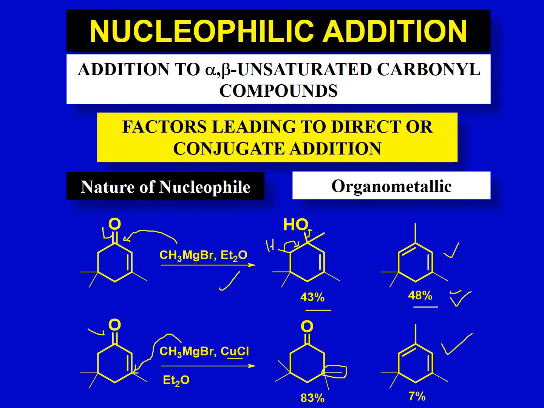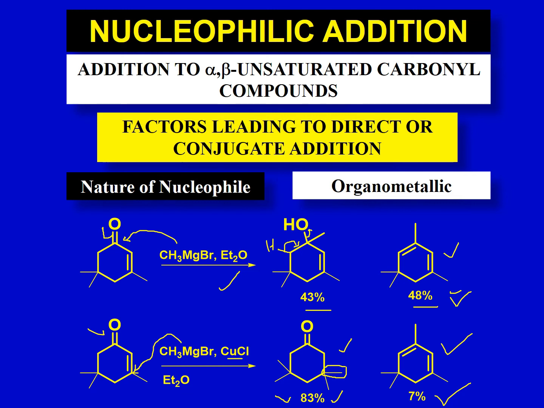But if you look at the percentage, this conjugate addition product is formed in 83% and this is only 7%. So this is the product of the direct addition, but because of the nature of the nucleophile, it will preferably attack the beta position, so this conjugate addition product dominates while the direct addition product is only formed in 7%.